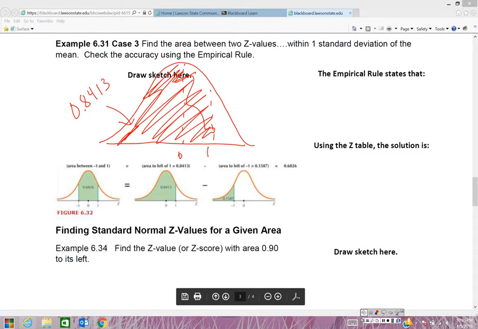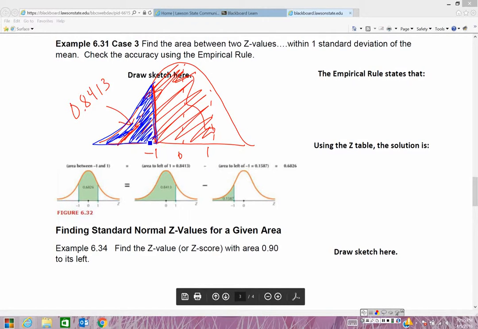Now let's find the area to the left of -1. The area to the left of -1 would be everything here in this area. We want to be able to take this area off so that we can find out the area that's between -1 and 1.